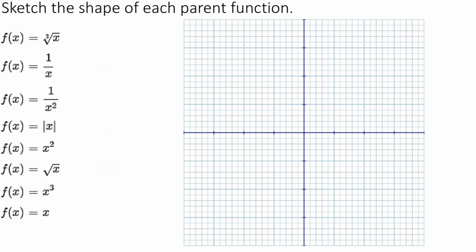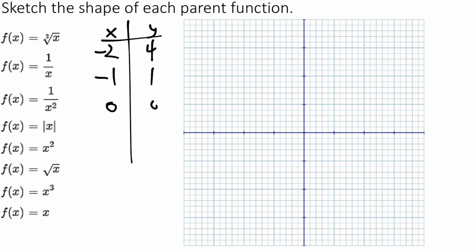So then we've got the function f of x is equal to x squared. So just taking a couple values here, negative 2 squaring it, you get 4, negative 1 squaring it, 0 squaring it, 1 squaring it, and 2 squaring it. So we've got symmetry again. So let's just say negative 1, negative 2 again.